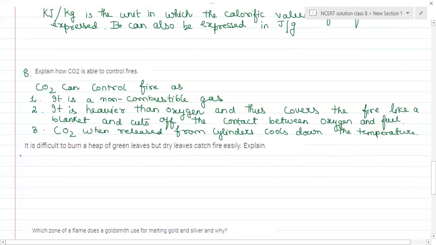Ninth. Now in questions, you're supposed to use point-wise answers as much as you can. That helps you get better marks, right? Ninth question. It is difficult to burn a heap of green leaves, but dry leaves catch fire easily. Explain. Now, green leaves have a lot of moisture in them, right?